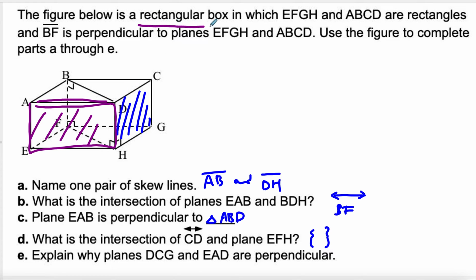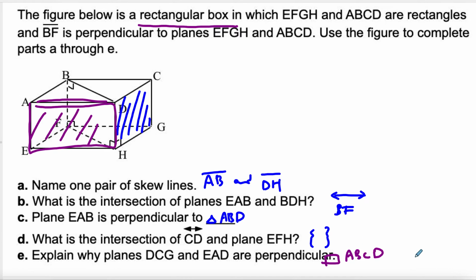it says rectangular box, right? Rectangular box means plane ABCD is a rectangle. Rectangle means right angle.